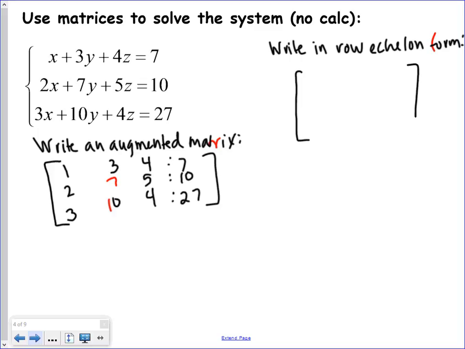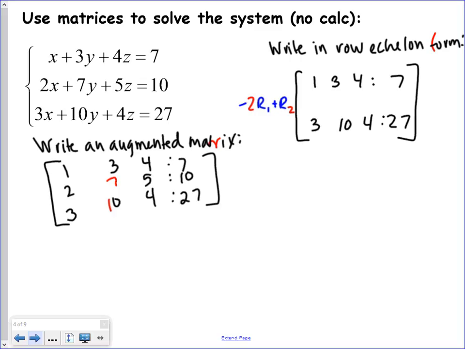So I'm going to write the first and the third as is. And what might you do to the second row, Dylan? You say -2 times R1 plus R2. Yes. You're going to use that first row, like Dylan does, that has the leading 1, because you're just multiplying by the opposite.